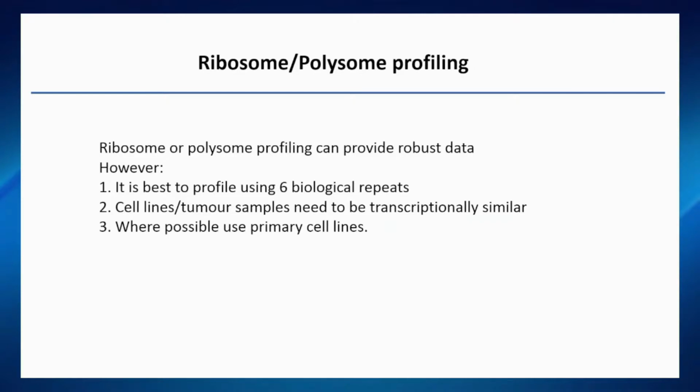From a couple of early experiments, we found that commercial lines have drifted so far from the translatome and the transcriptome of the actual tumor. That's fine if that's what you want to ask, but if you really want to look at a tumor sample, if possible, make some primary lines yourself or get some dissected material from actual patient samples, and that would probably give you the best data.